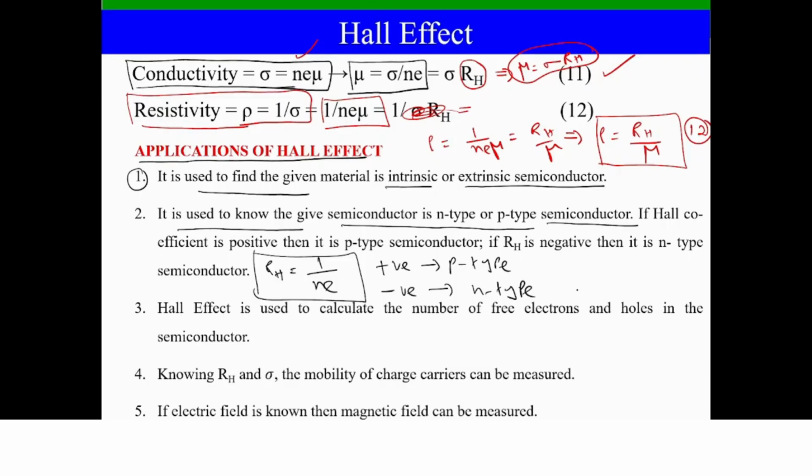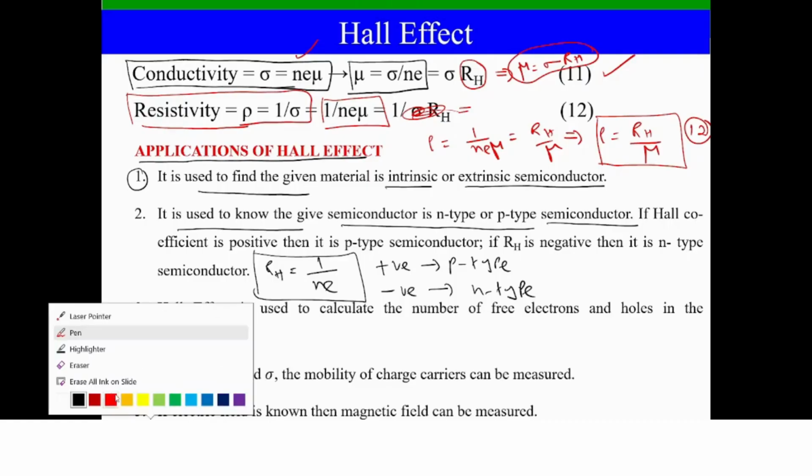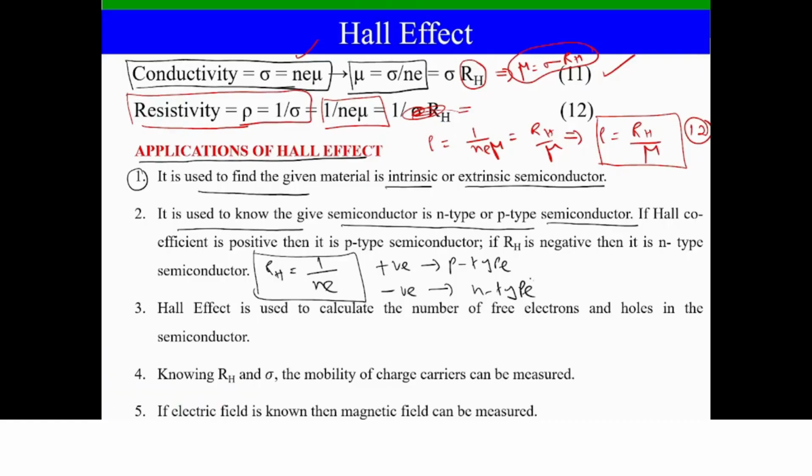Therefore, the Hall effect experiment is used to find whether the given semiconductor is n-type or p-type. This is another application. And one more application is that the Hall effect is used to calculate the number of free electrons and the number of holes in the given semiconductor. That is the third application.